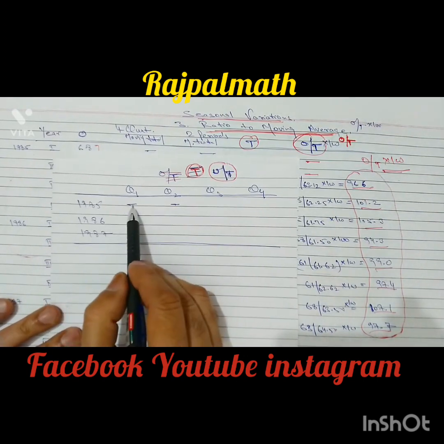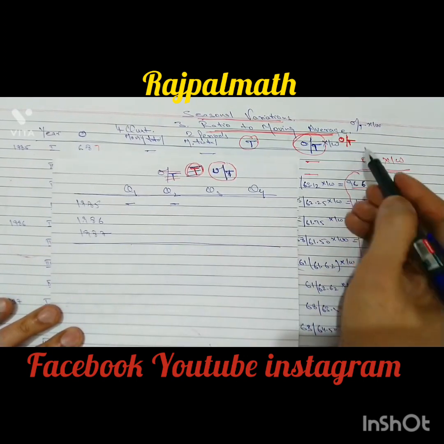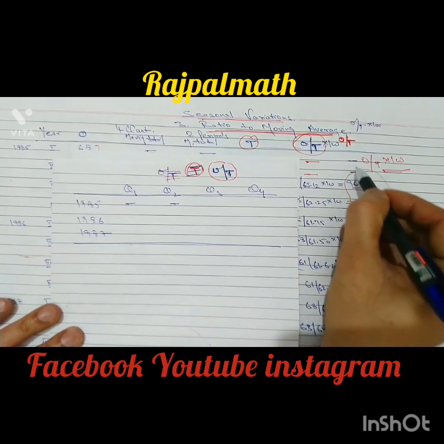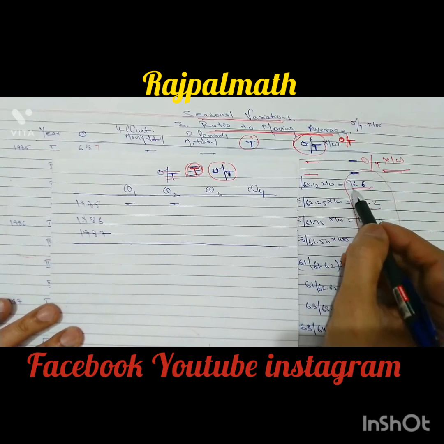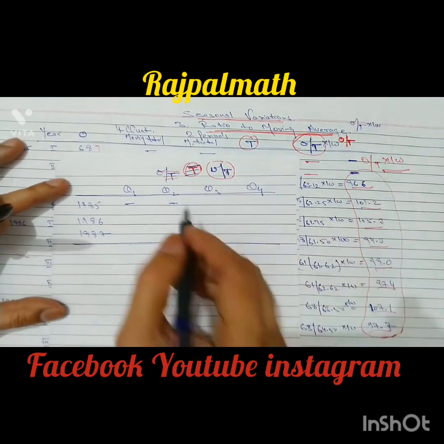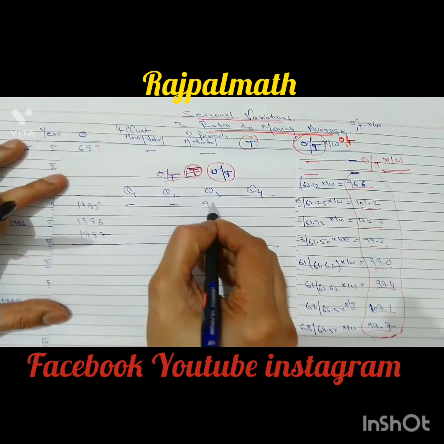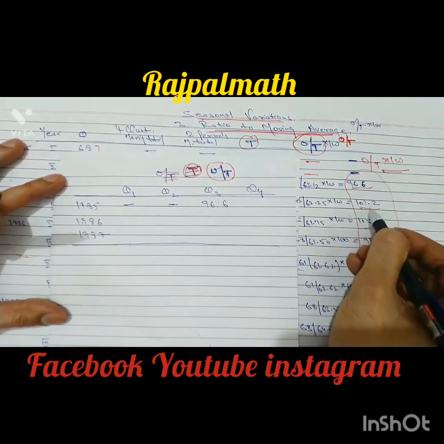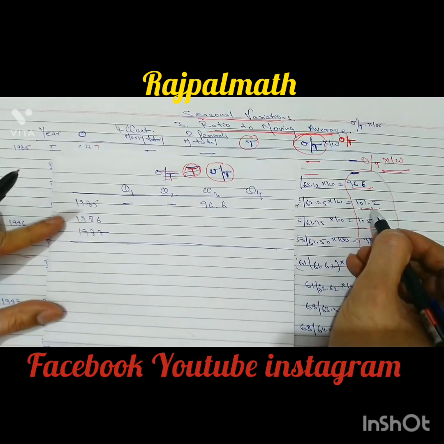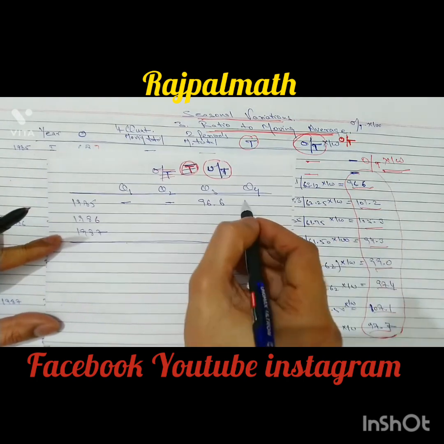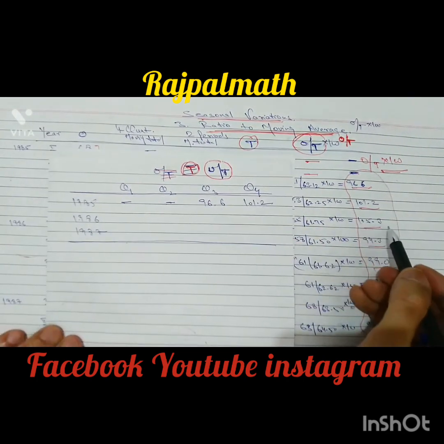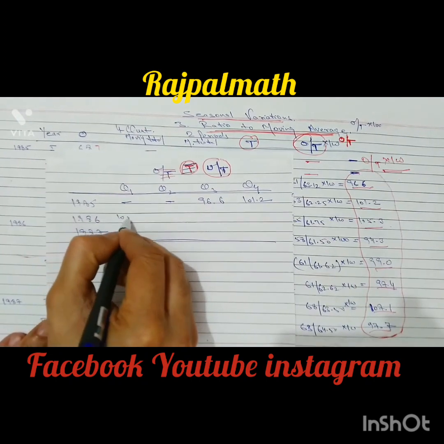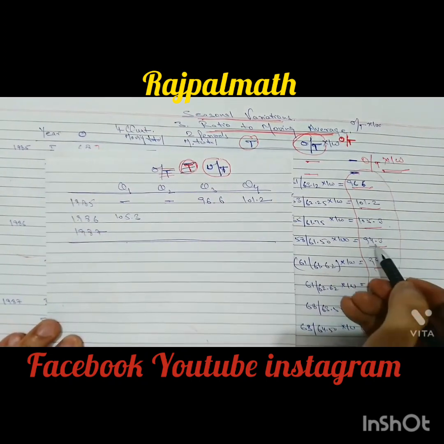For 1985, the first two terms are missing, not possible to calculate. Then 96.6. For next 101.2. For next 105.3. For next 94.3.